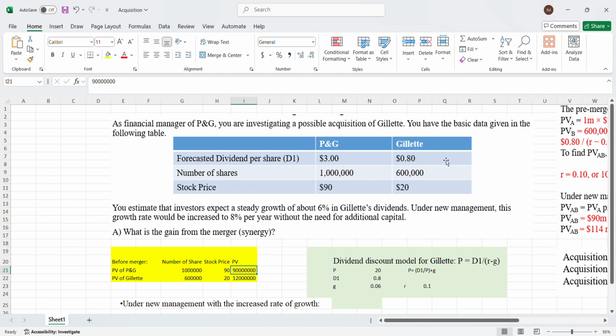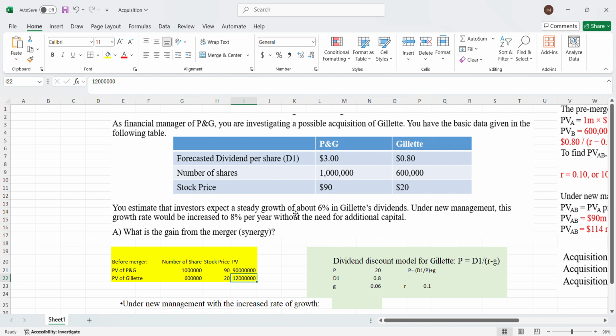For Gillette, the number of shares is 600,000, and we multiply it by its stock price and get 12 million. So this is basically the pre-merger present value of the individual companies, which we get by number of shares multiplied by stock price.